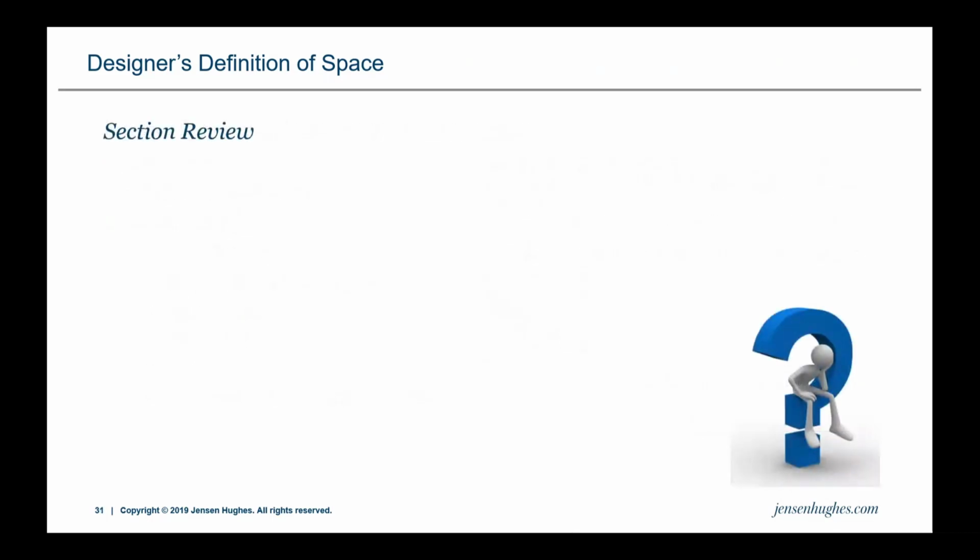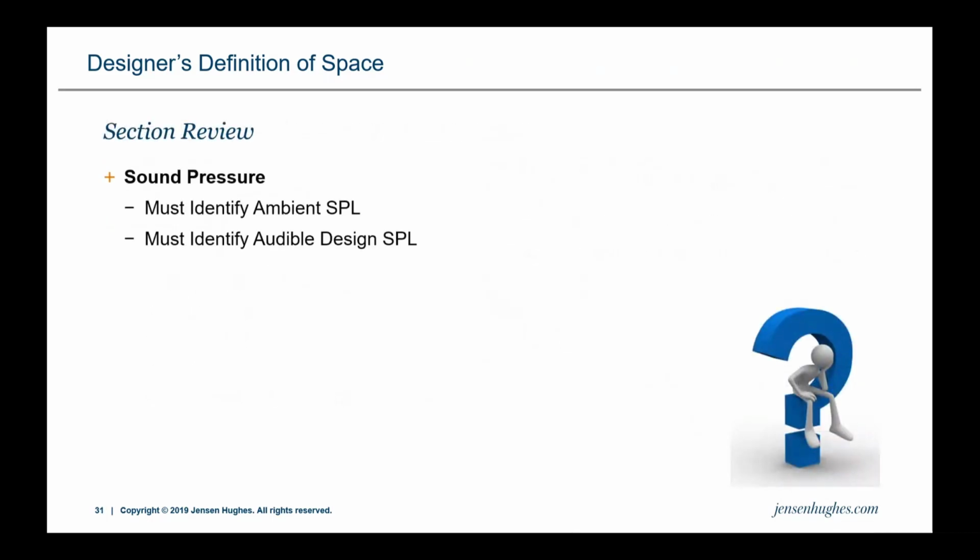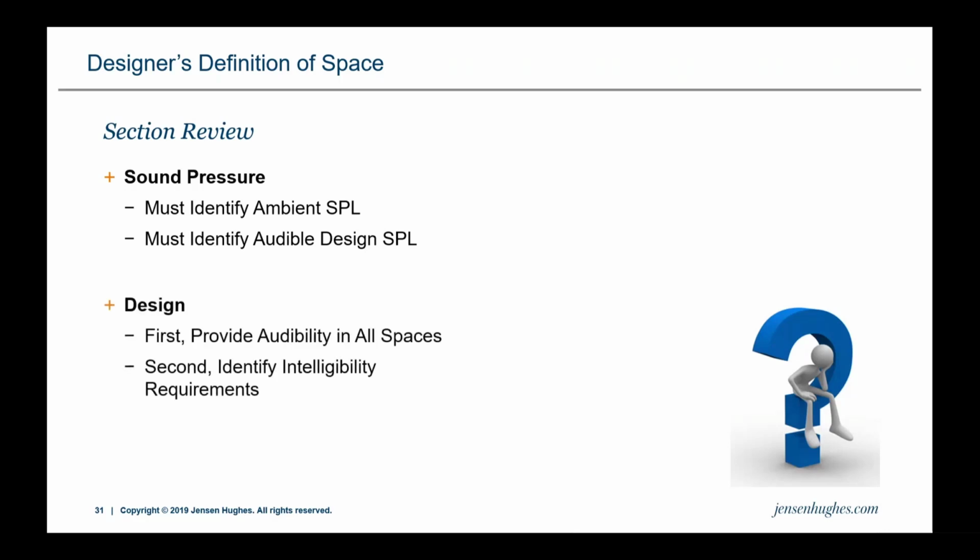So let's review quickly. Again, sound pressure, that's where we start. We have to be able to identify the ambient sound pressure level and audible or alarm design sound pressure level for all the spaces of our building. When we design, we first provide audibility in all spaces. That's our first responsibility.